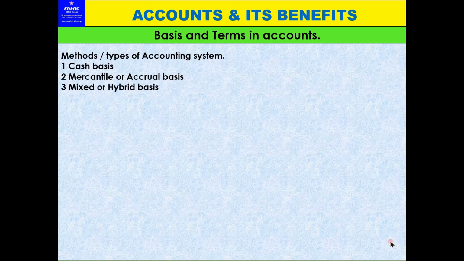For example, some expenses are not paid, like salary due for the month end. For example, on the 30th or 31st the salary is due, but it is not paid. It will be paid on the 2nd or 5th or 7th of the following month.